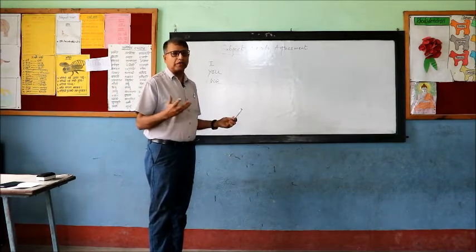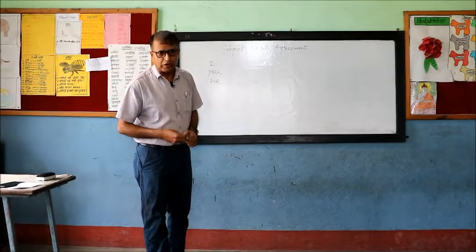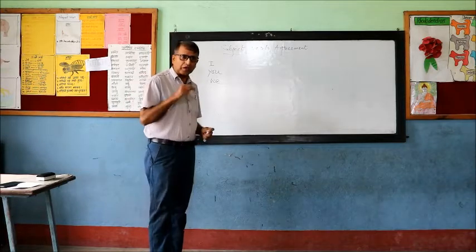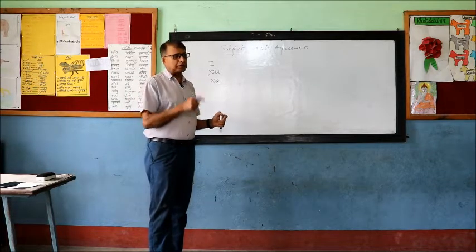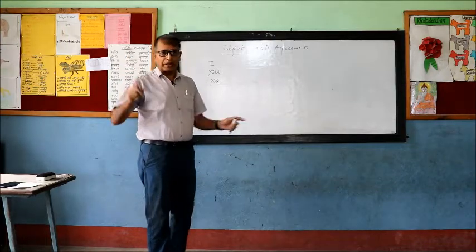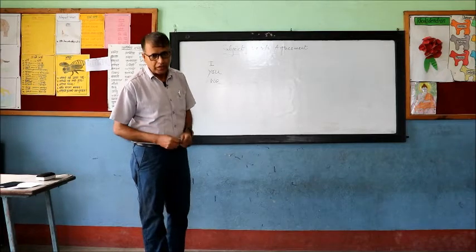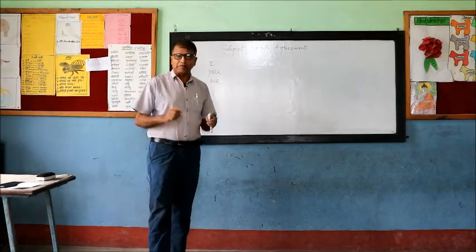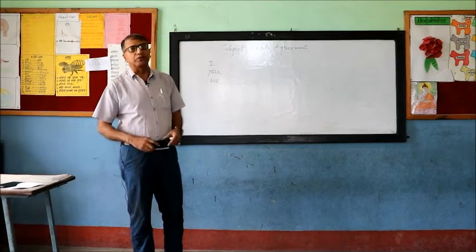In that way you can identify third person, and it's quite easy to identify whether that third person is singular or plural, because if that third person means only one, then that is third person singular. So in that way you can identify singular and plural third persons.